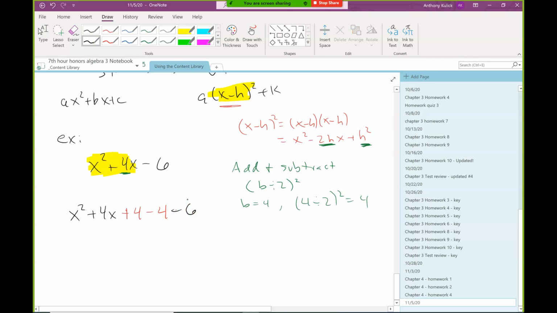So have I really done anything at all? No, if I add 4 and then subtract 4, it's the same thing. I haven't done anything to change anything, right? It's just written a different way, because all I've really done is added 0, which doesn't change. Everybody's okay with that?